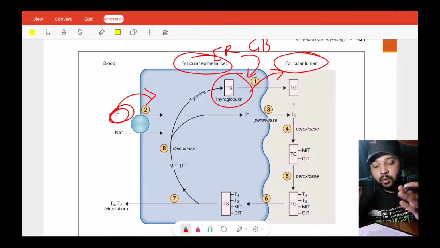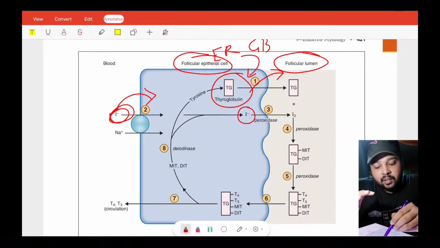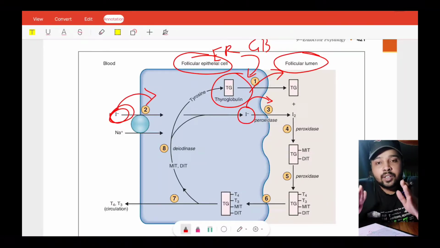In the second step, we learned that the iodine is transported into the follicular epithelial cell. After that, in the third step, the iodide ion is transported into the follicular lumen, where it is converted into iodine by the enzyme thyroid peroxidase.